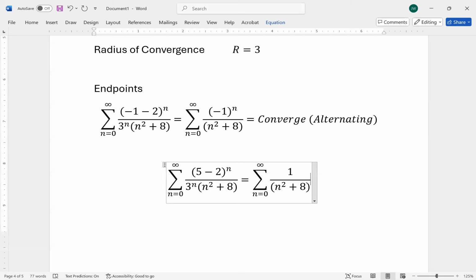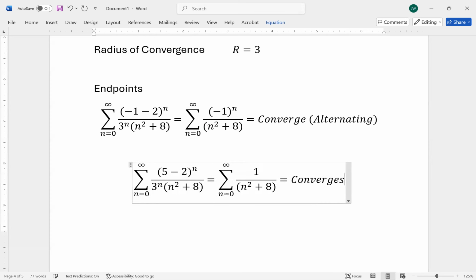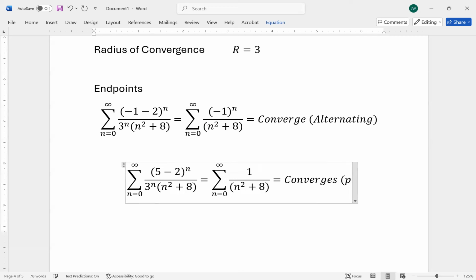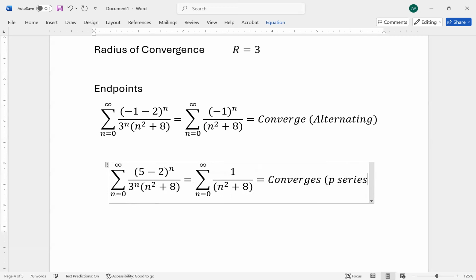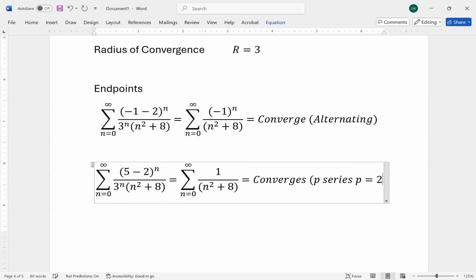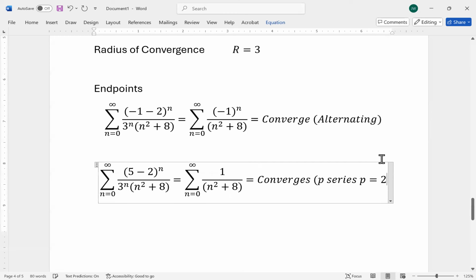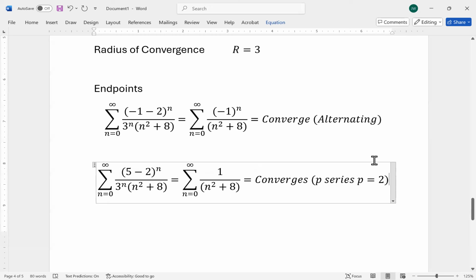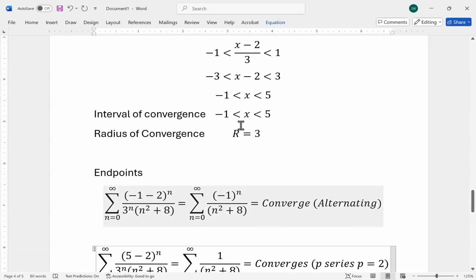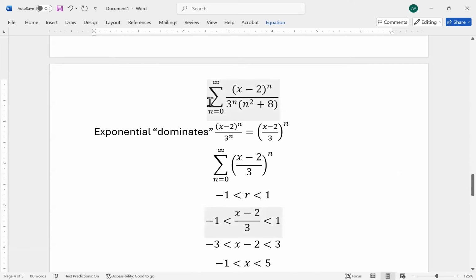In this case, this also converges because it's a p series with p of 2. So both endpoints have my original power series converging.